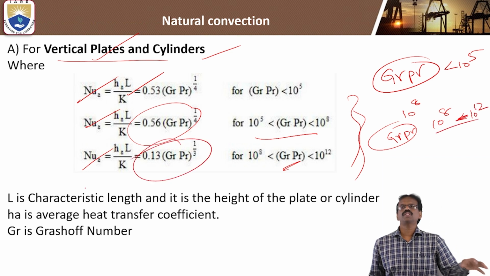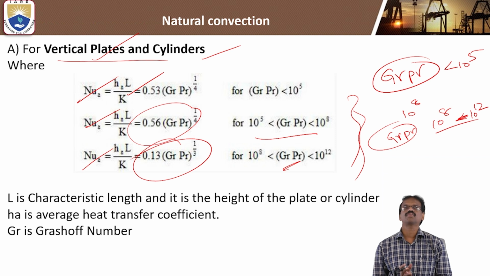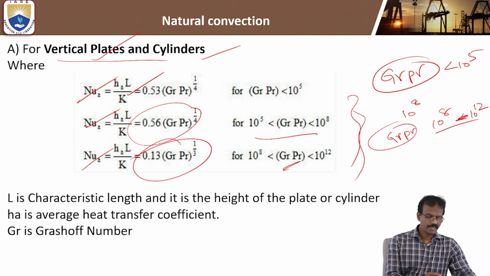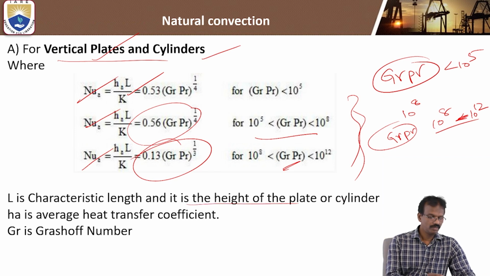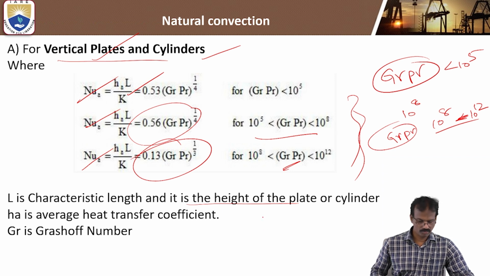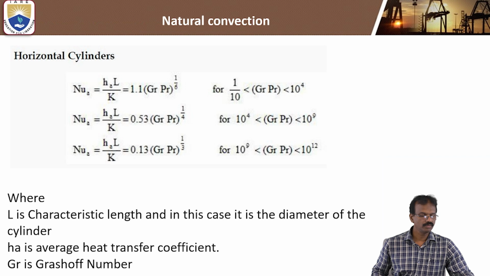So based upon the product of GRPR, you can identify the Nusselt form. L is the characteristic length and it is the height of the plate or cylinder, and h is the average heat transfer coefficient. When the plate is in vertical position, you know this one. Okay.